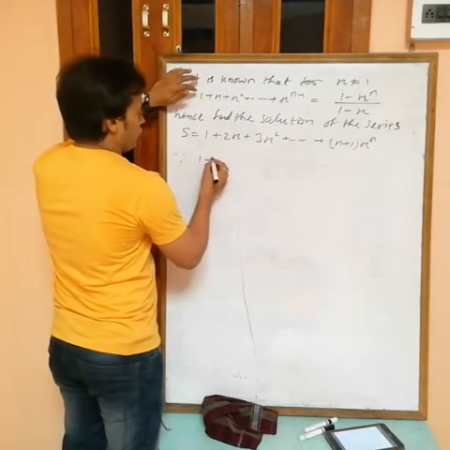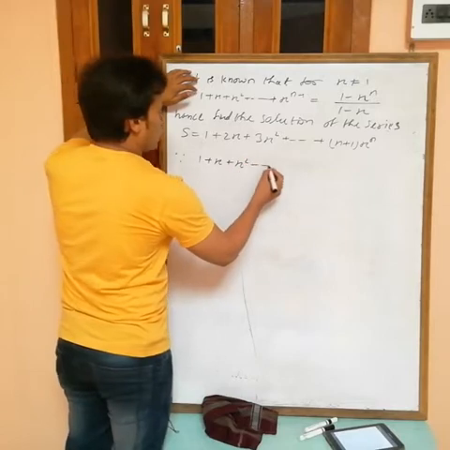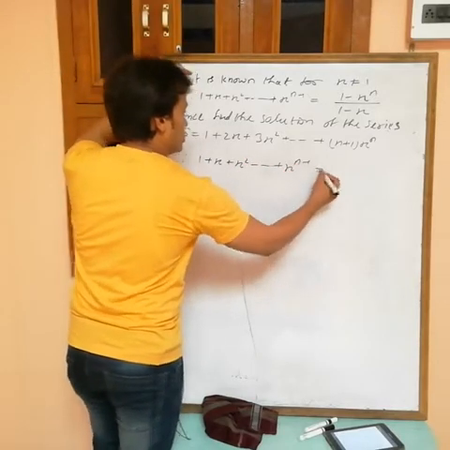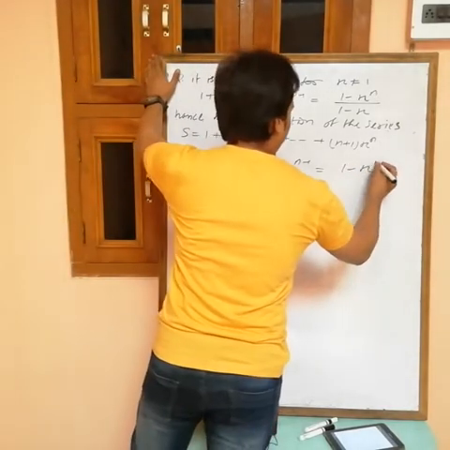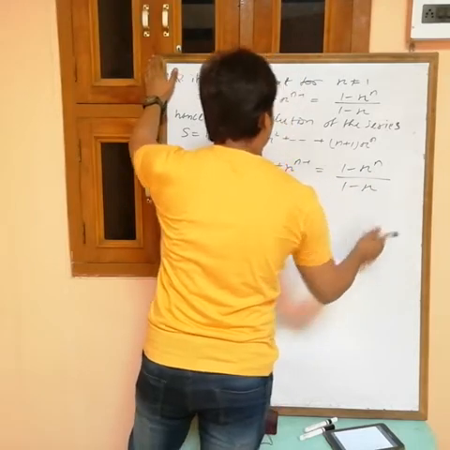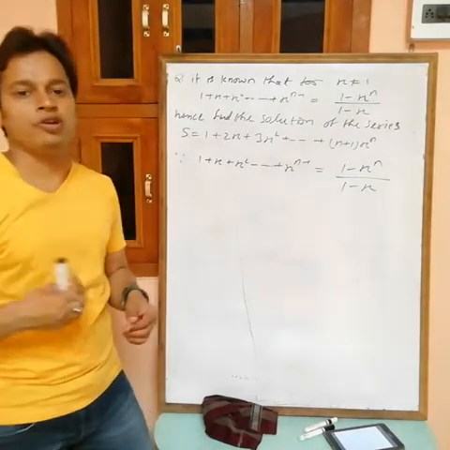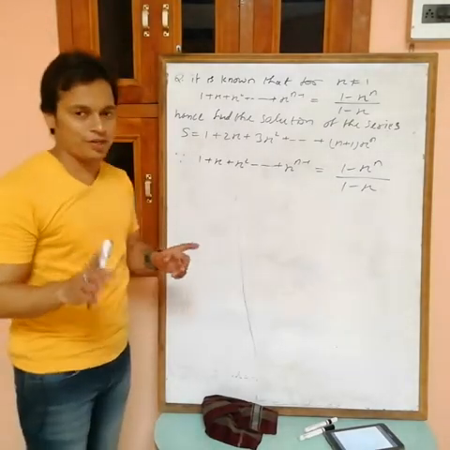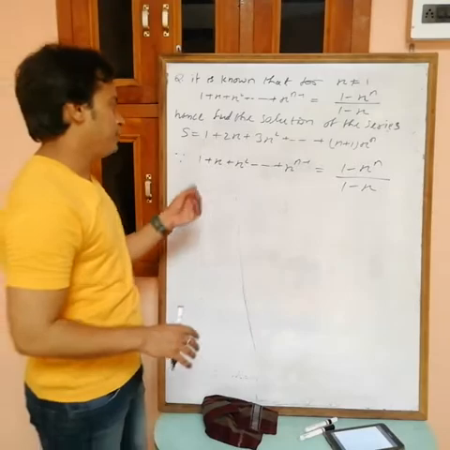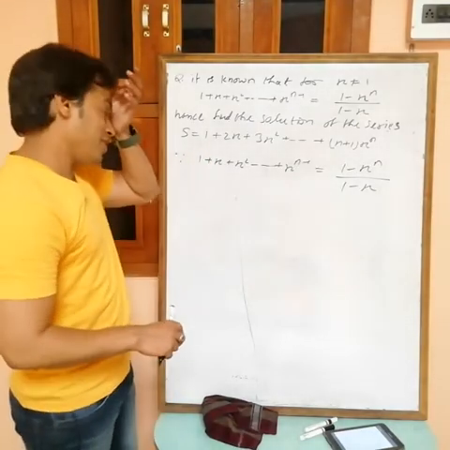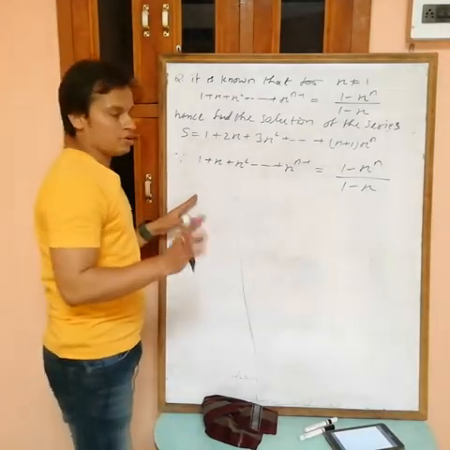It is given that 1 plus x plus x square plus up to x power n minus 1 is equal to (1 minus x power n) by (1 minus x). Now we want the sum of this sequence by using differentiation, so I have to differentiate on both sides. But one minute, if I differentiate this side, what will I get? Differentiation of 1 is 0, okay, no problem.